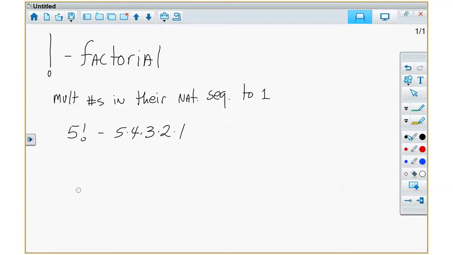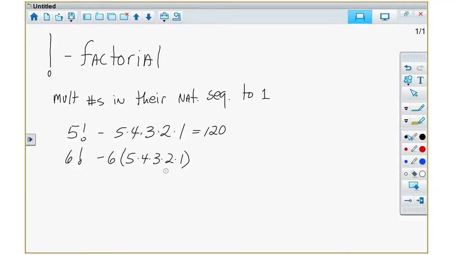5 times 4 is 20, 20 times 3 is 60, 60 times 2 is 120. Now, if you did 6 factorial, you would just multiply 6 times 5 times and so on. Or you could just say 6 times what?